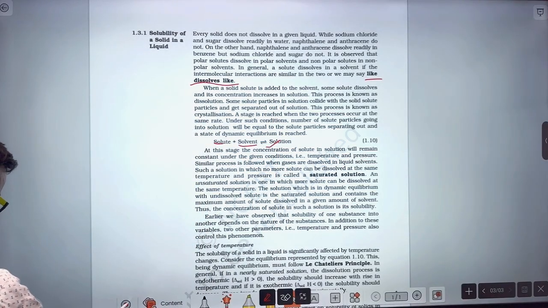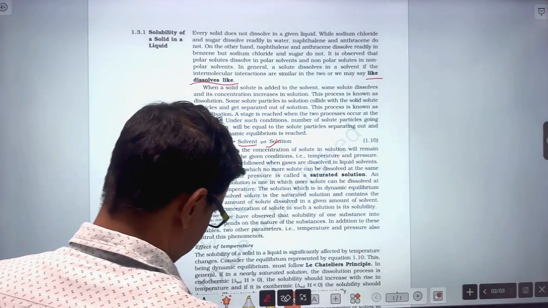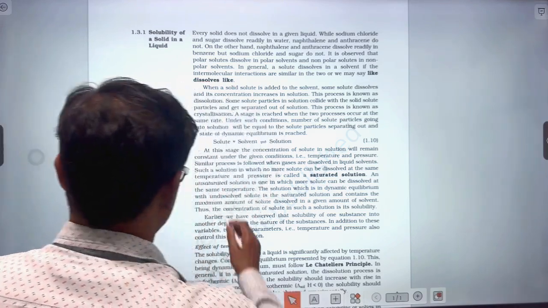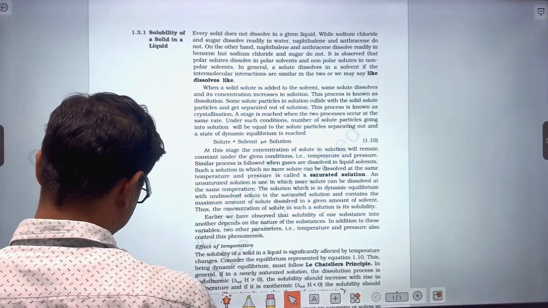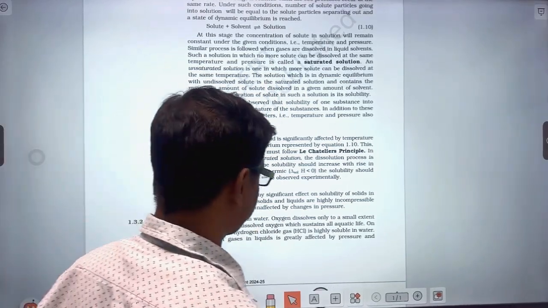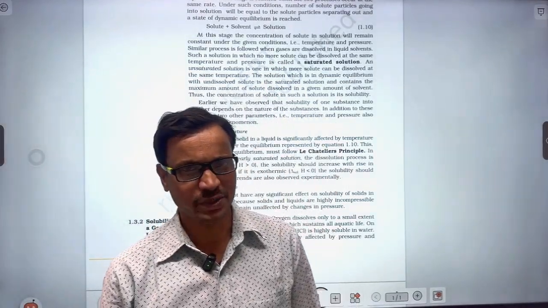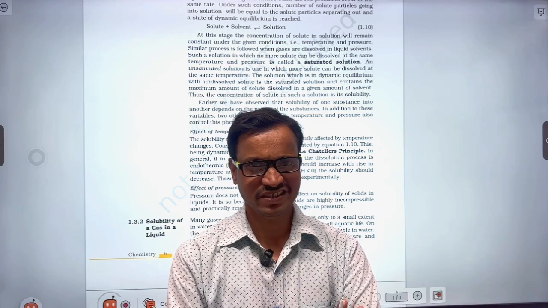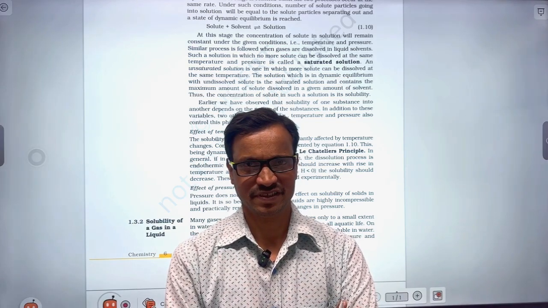Now the next point is the effect of temperature, that is, what will be the effect of temperature on the solubility of a solid in a liquid.